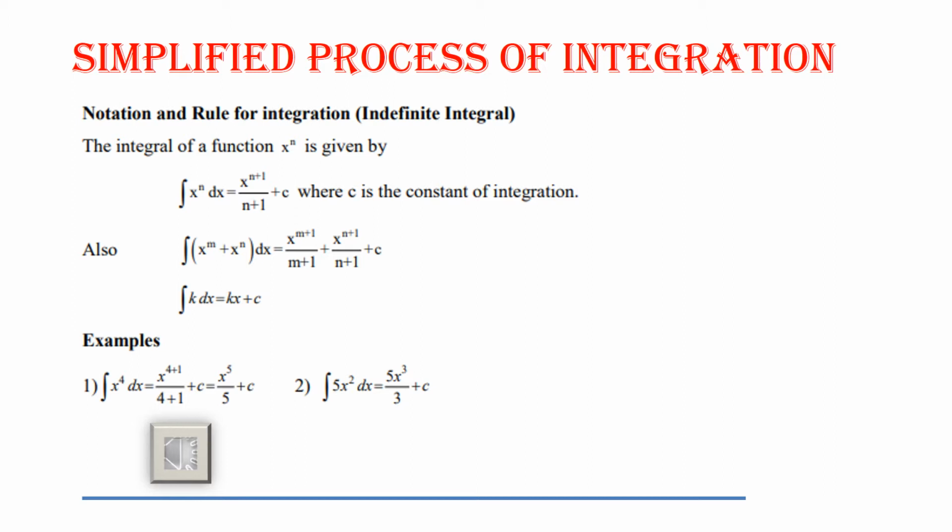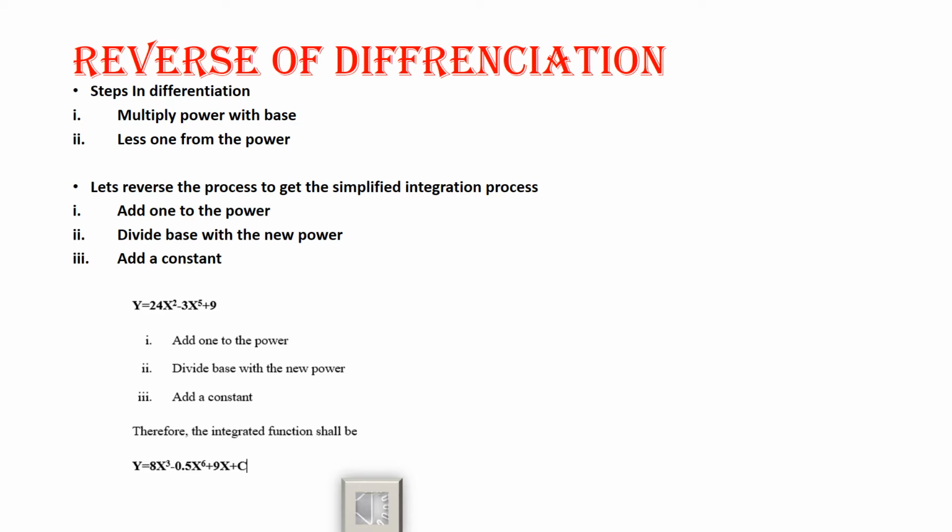Look at these particular examples given below. Then allow me to move to the next part where I'm going to give a simplified process, to elaborate what is happening in these formulas. In order for us to learn comfortably how to do integration, allow me to borrow from the introduction of integration where we've said it is the reverse of differentiation.